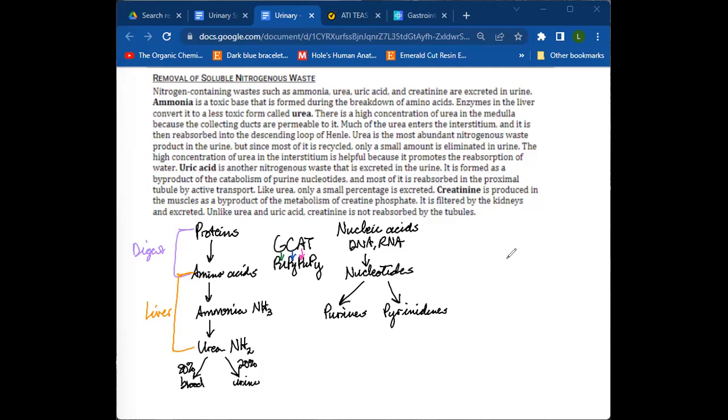And the T, thymine, is a pyrimidine. So the purines, the adenine and guanine, are going to get turned into uric acid.